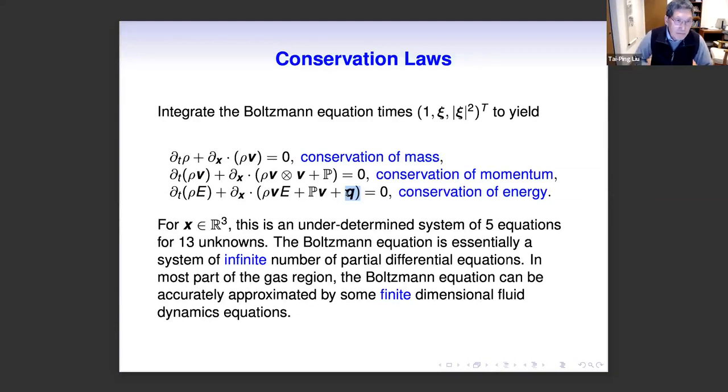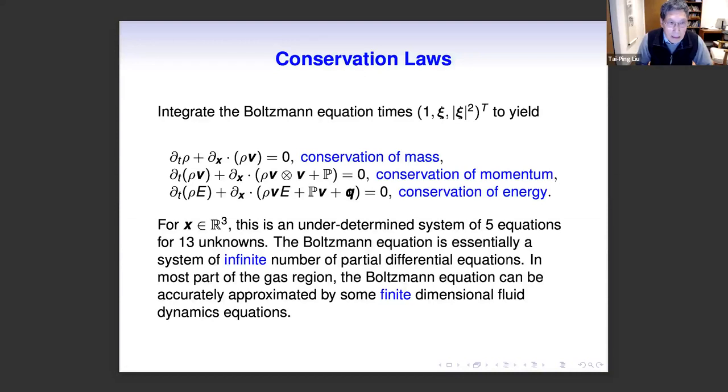Now one can go on to find the equation for P, for example, or the equation for V. But then this will involve a higher moment. And you can go on. So one can say that the Boltzmann equation is essentially a system of an infinite number of partial differential equations.